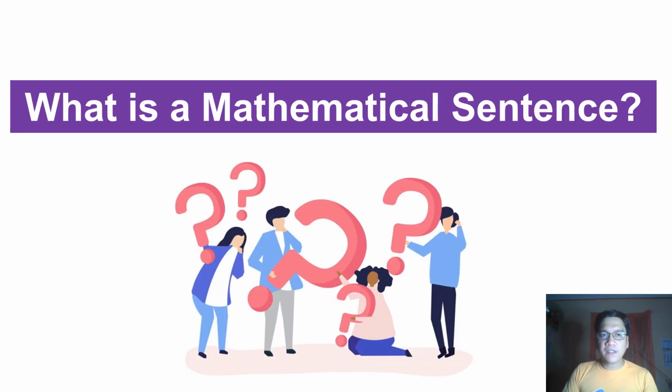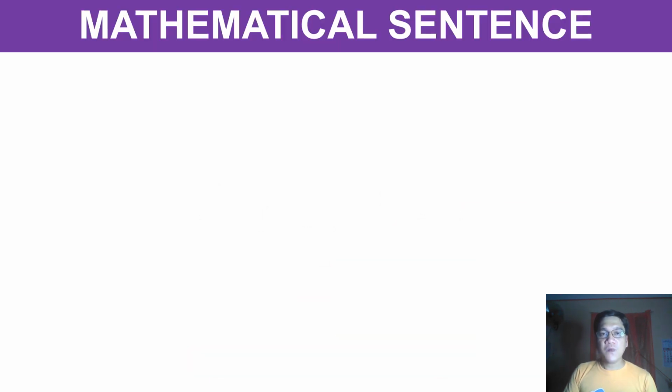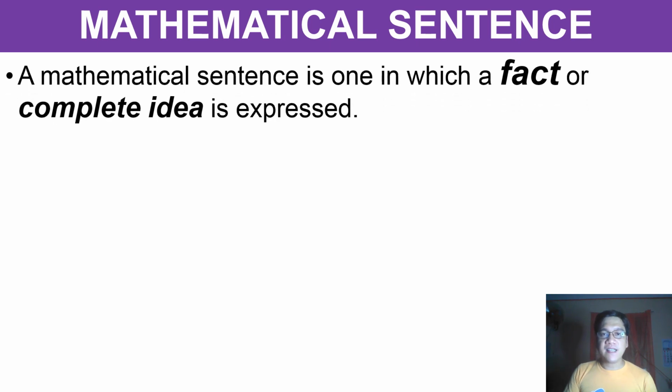So our main question is, what is a mathematical sentence? A mathematical sentence is one in which a fact or complete idea is expressed. Similar to its definition in the English subject, mathematical sentences can be defined as a group of words that expresses a complete thought or a complete idea.